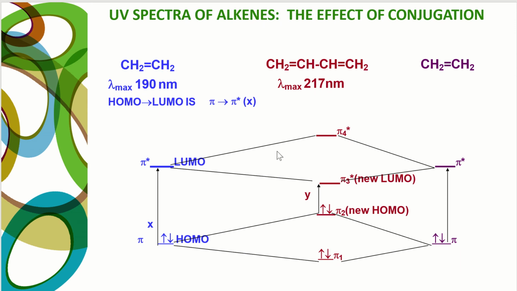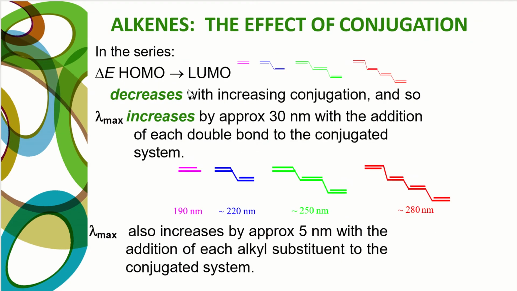So the point we're making here is that when it's now a conjugated system, you have a new HOMO and a new LUMO, and that change in energy is much different. The change in energy is much less when you have a conjugated system, and therefore that is reflected in the wavelength, which is 270 nanometers as opposed to 190 nanometers.